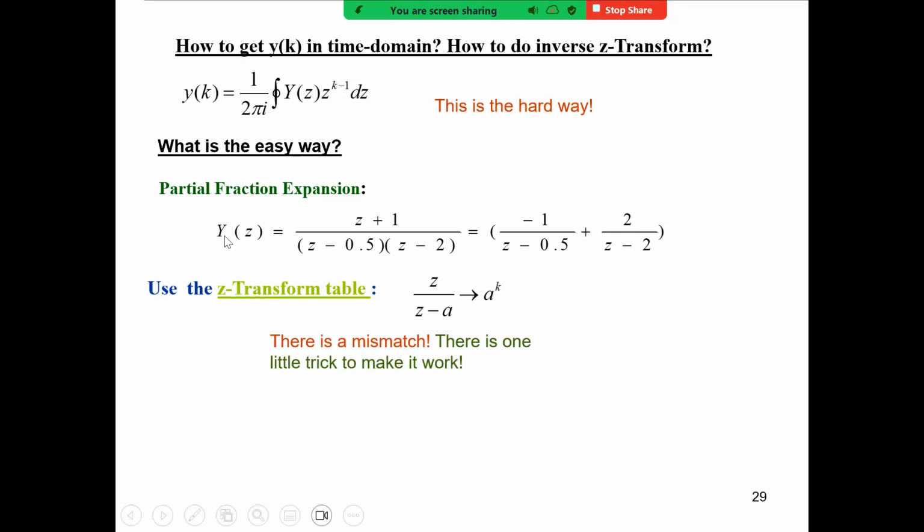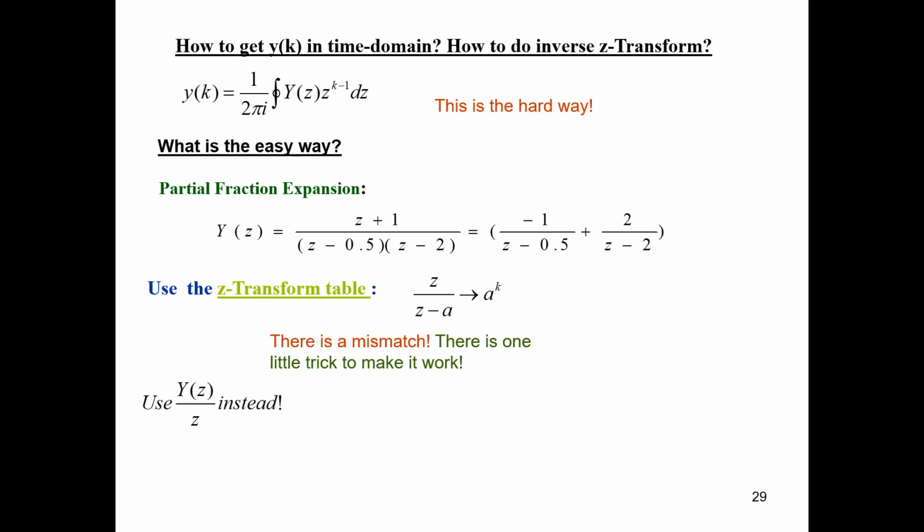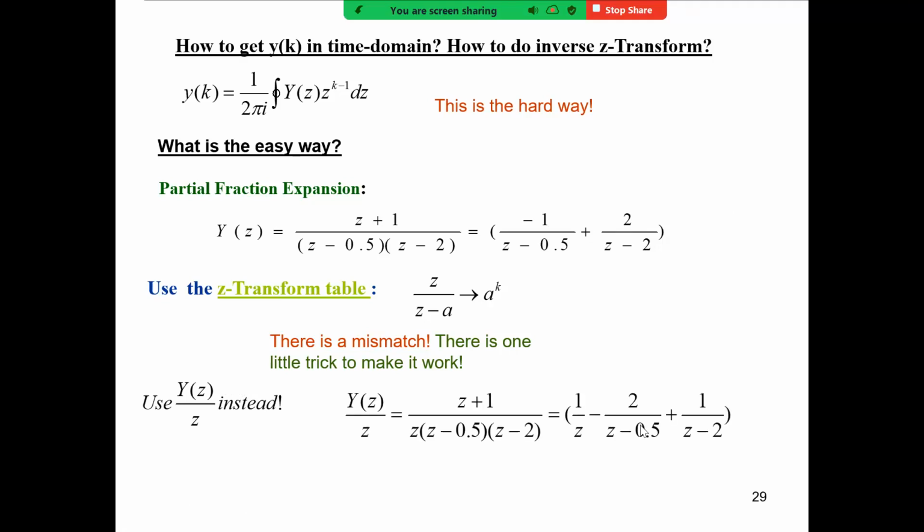I have to do something on Y. So we will do the partial fraction on Y over Z. Then I will force a Z in the numerator in the expression of Y. That's a little trick. This is one way.